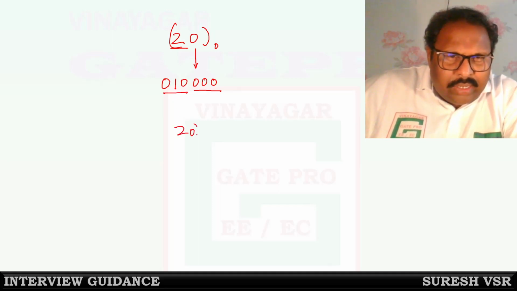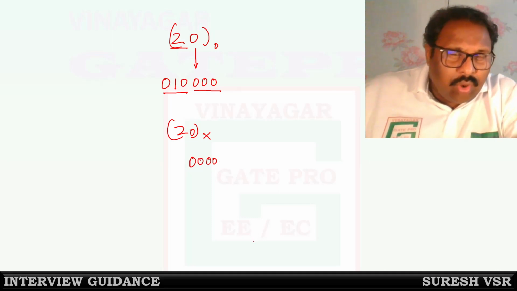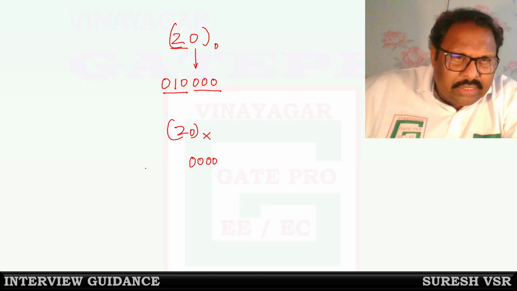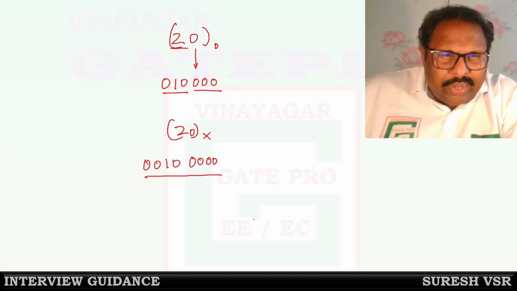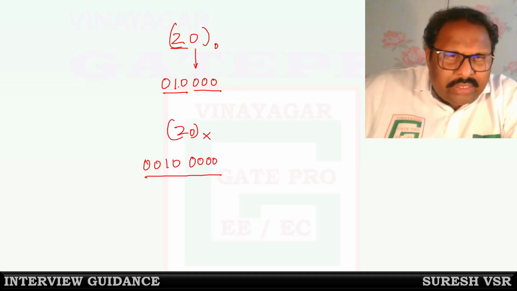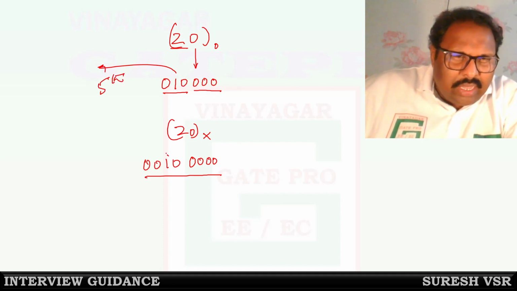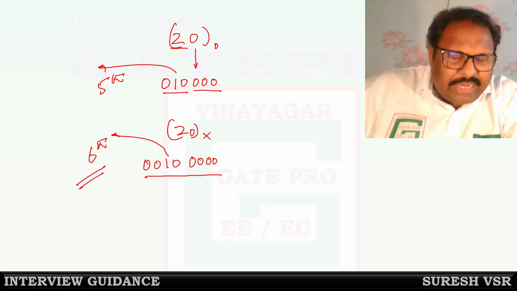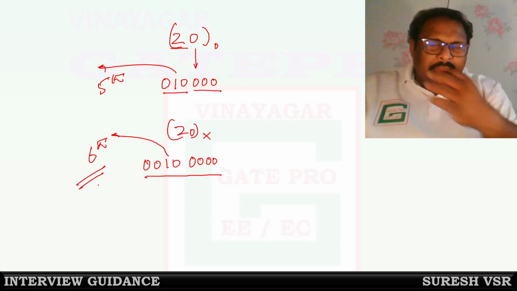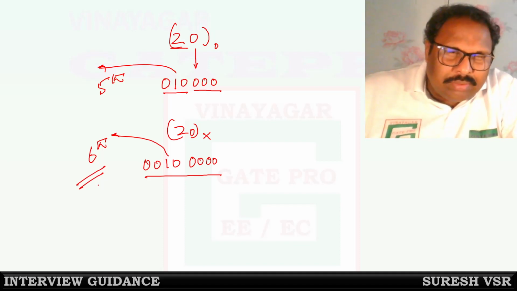Whereas the same 20 in hexa is 0's 4 bits, 0000, and 2's 4 bits, 0010. So very clearly you can see 1 is in the 5th position in octal, whereas in hexa 1 is in the 6th position, making it exactly double, an increase by 2 times.